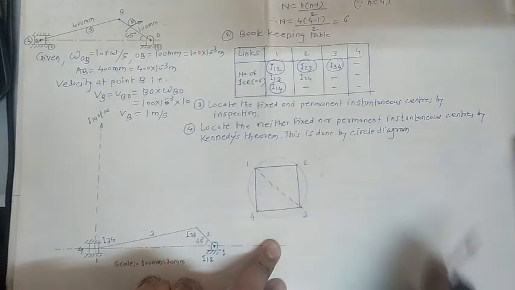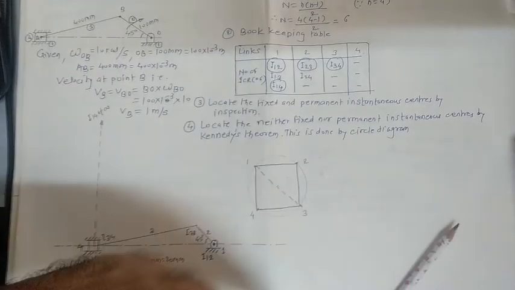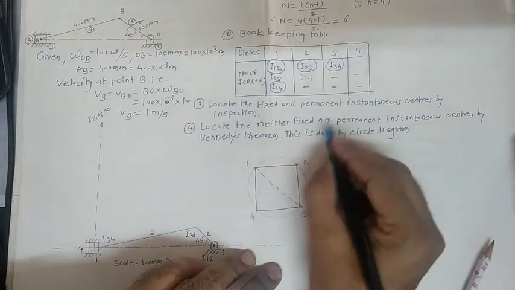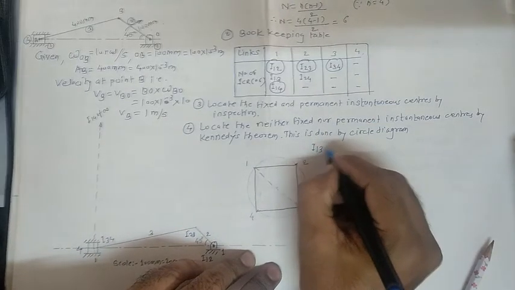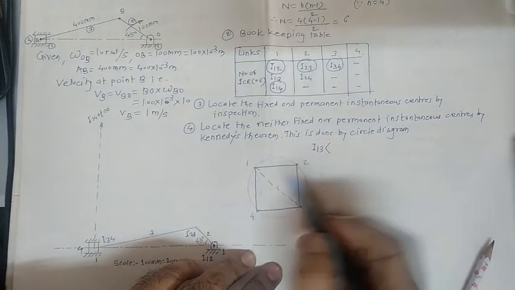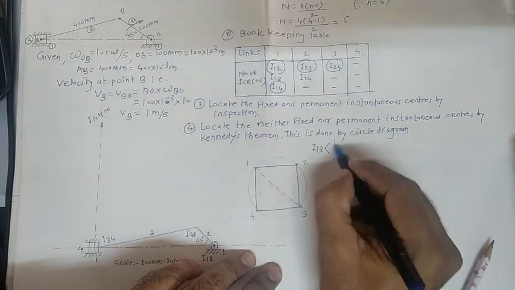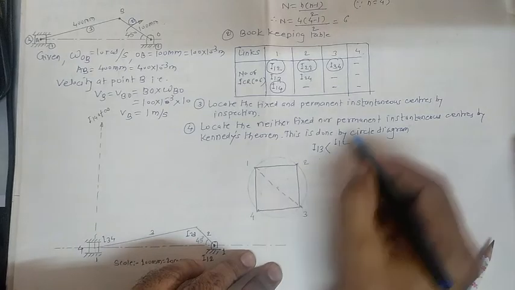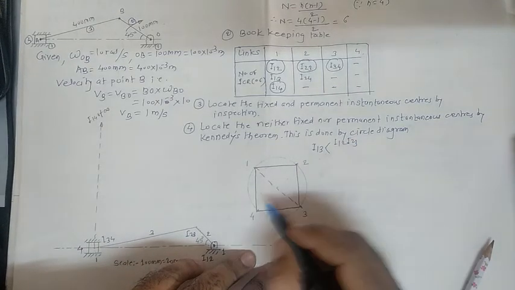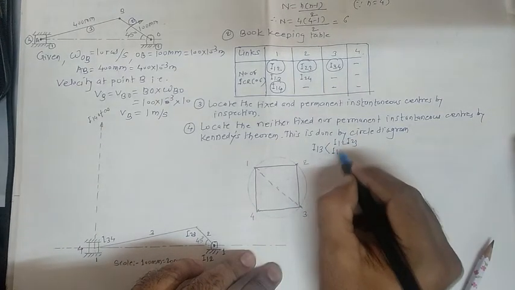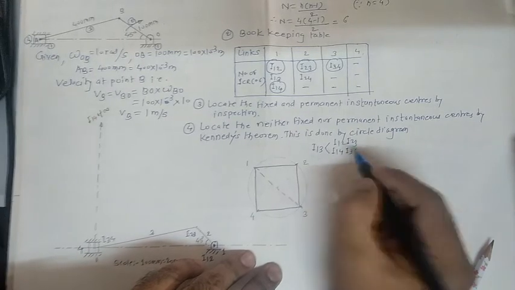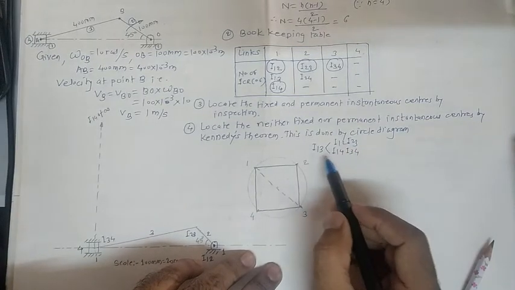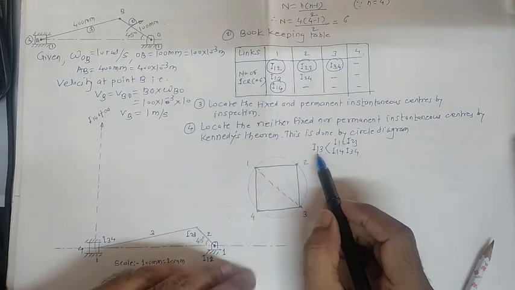So what about I13? I13 is the intersection of which ones? I12 and 2 3 from the upper side of the triangle, and from the bottom one, I14 and 3 4. So this is about the point I13.